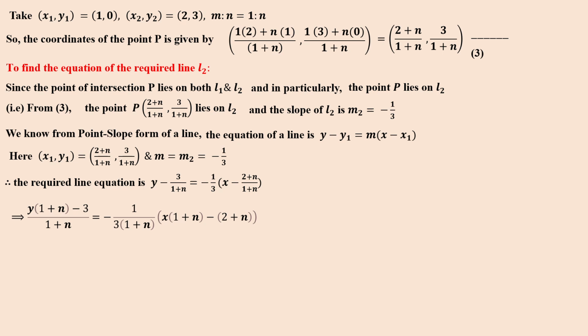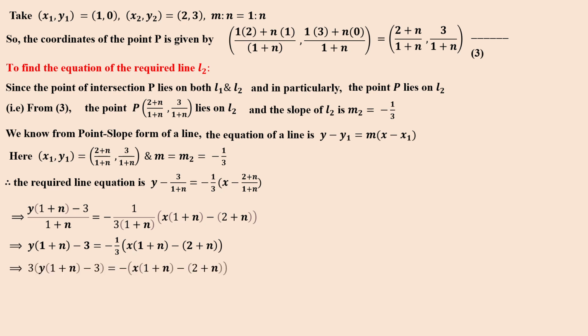Both sides we are taking the LCM. On the left hand side, (y times (1 plus n) minus 3) by (1 plus n), and on the right hand side, -1 by 3 times (x times (1 plus n) minus (2 plus n)) by (1 plus n). The (1 plus n) on both sides in the denominator gets cancelled. So y times (1 plus n) minus 3 equals -1 by 3 times (x times (1 plus n) minus (2 plus n)).